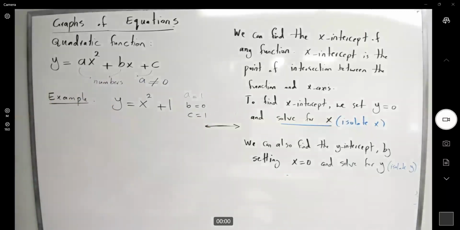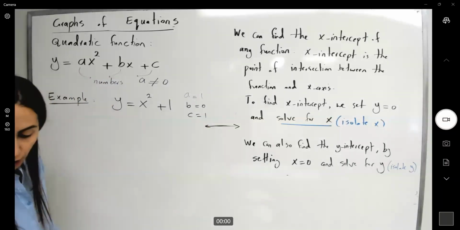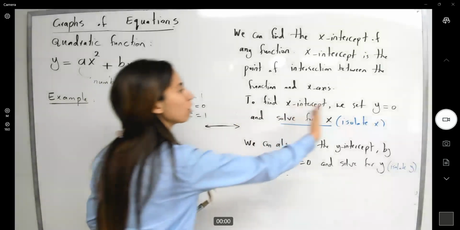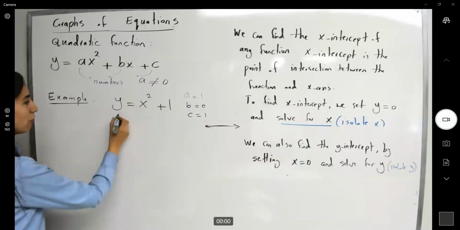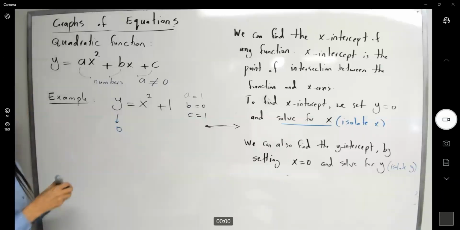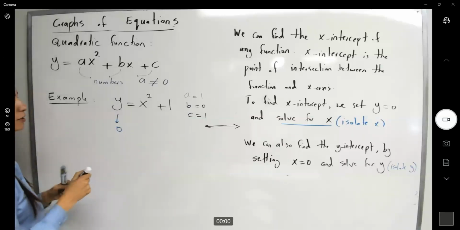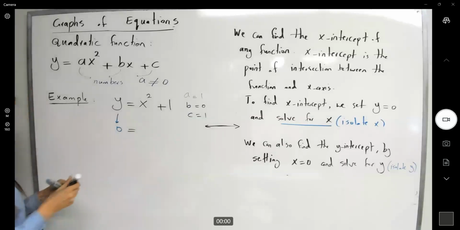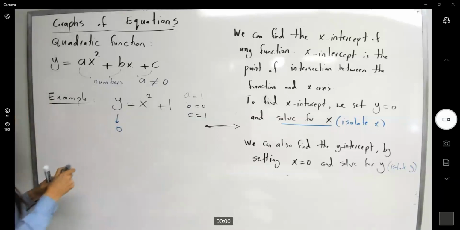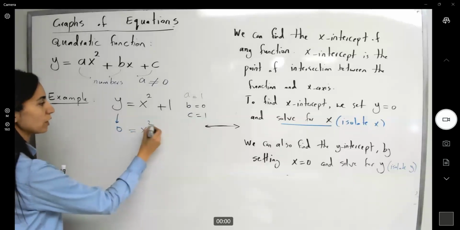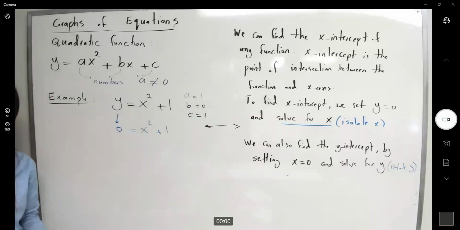So I want to find my x-intercept. To find the x-intercept, I'm going to follow the definition. Set y equal to 0. What's left? On the right-hand side, I have x squared plus 1. Okay, it says x squared plus 1 is equal to 0.